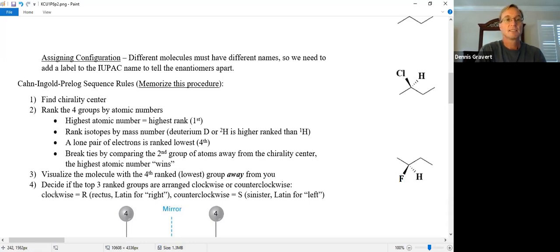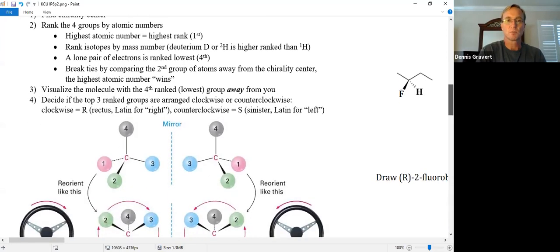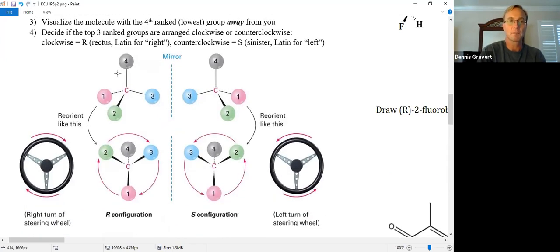Next, step 4. You have to look at the first 3 groups. Let's just read it. Decide if the top 3 ranked groups are arranged clockwise or counterclockwise. Okay, so if you happen to draw the molecule like up here in the top left, the fourth ranked group is pointing straight up.